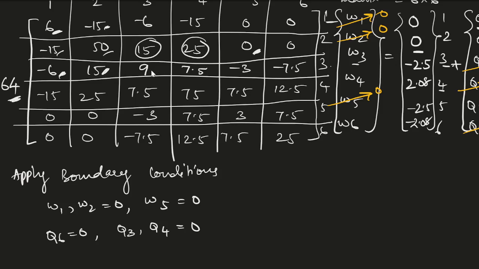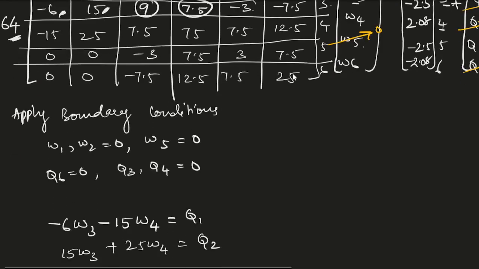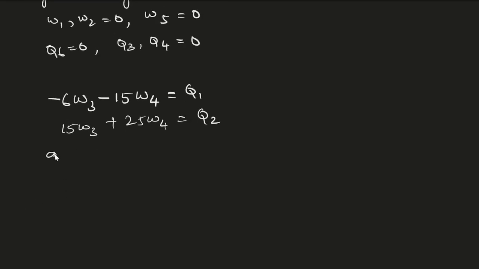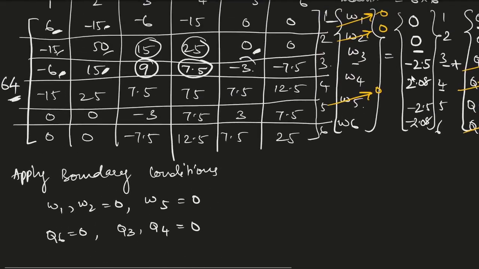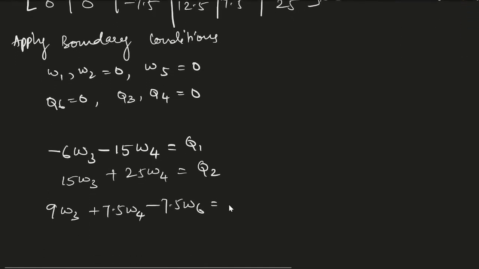We have 9 w3 plus 7.5 w4 minus 7.5 w6, and this is equal to minus 2.5 plus 0, that is minus 2.5.